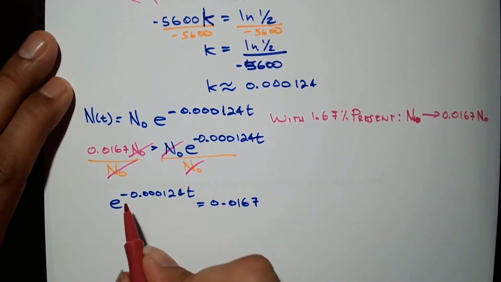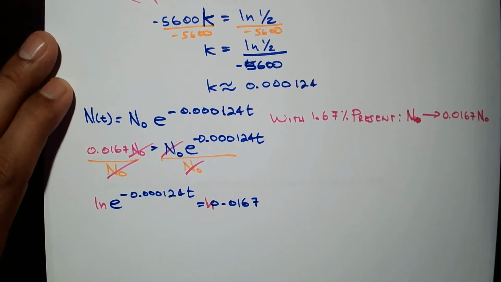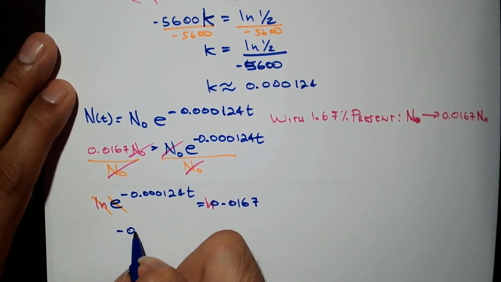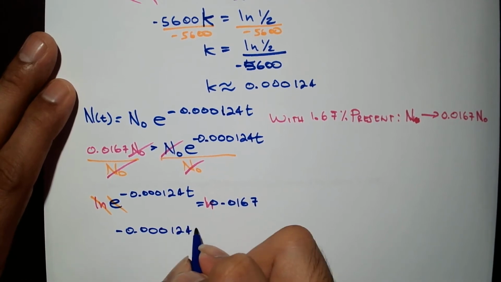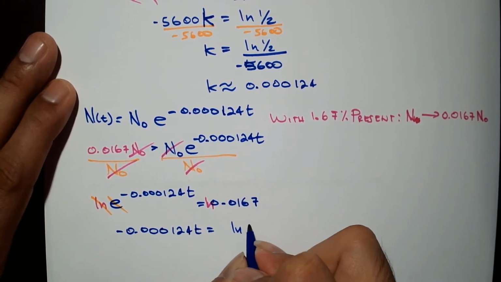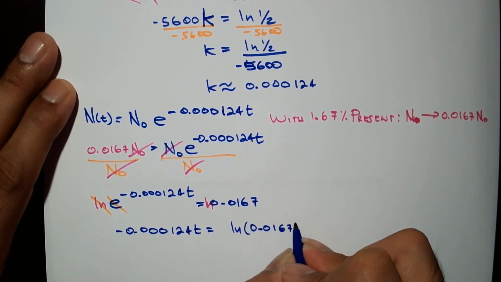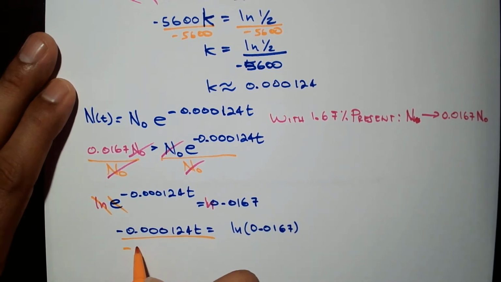So again, to get rid of this exponential, we apply the ln to both sides to get negative 0.000124 t equals ln of 0.0167, and divide both sides by negative 0.000124.